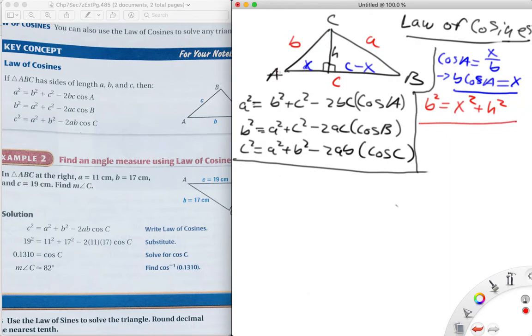Cosine of A, adjacent over hypotenuse, x squared plus h squared equals b squared. Okay? So we're going to use the Pythagorean theorem.